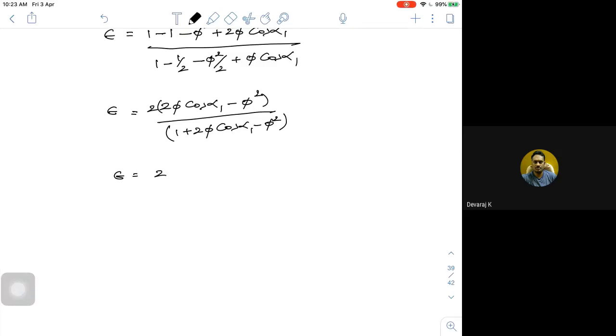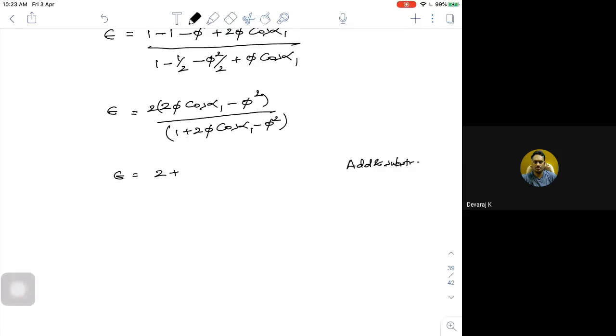What I will do is further simplification, so that I can get the corresponding expression. I can write it by adding plus and minus 2.